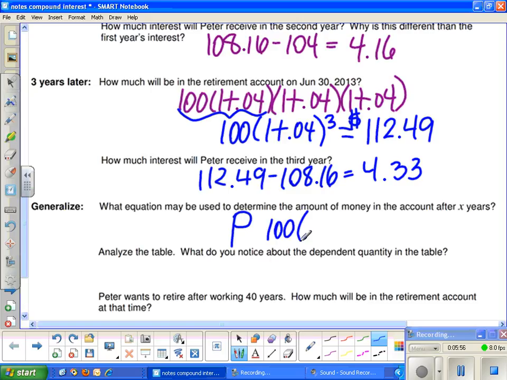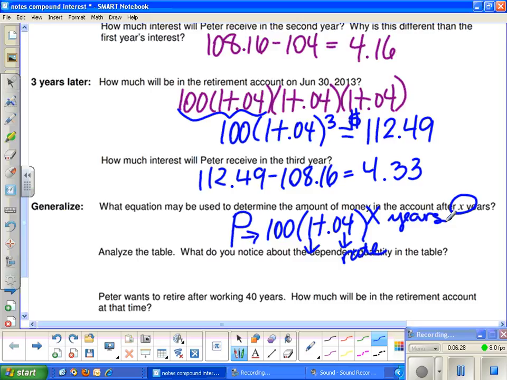And we'll simplify this again in a minute. 1 plus 0.04. And since x is our years, that's what's changing. The rest of this isn't changing. So this part is our initial amount. This stays as 1. This is your rate. And these are your years. So what can change in this is the years, the rate, and your initial amount.